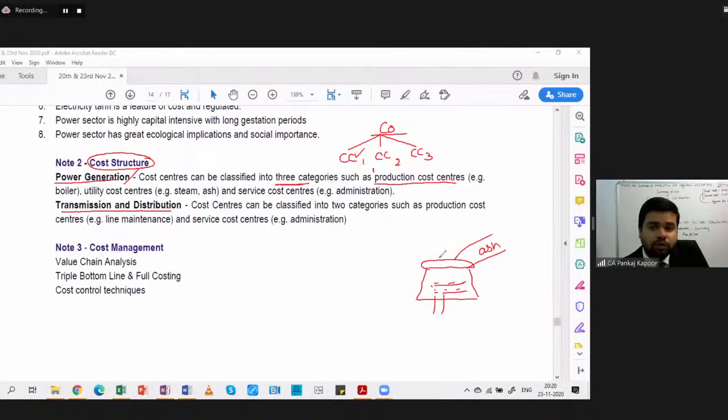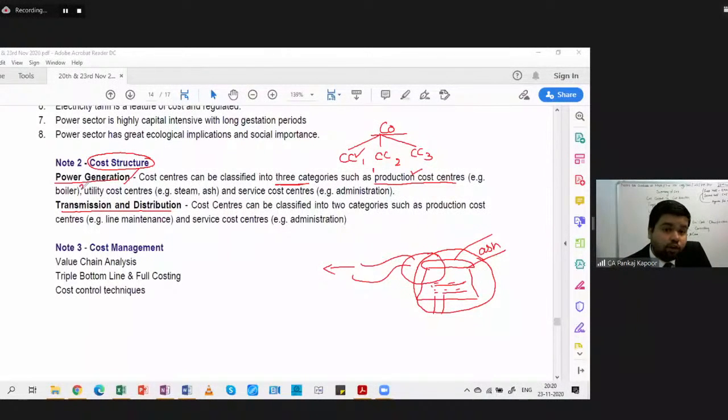Ash moves out, but the generation of heat or energy is converted into power, which is then transmitted to the houses. Agreed? So this boiler, which is performing the major task of producing electricity, is considered a production cost center.